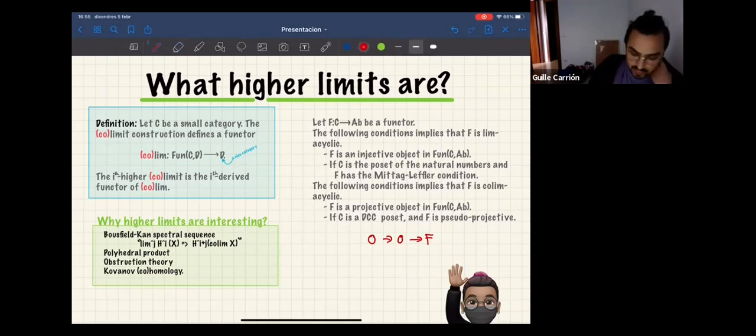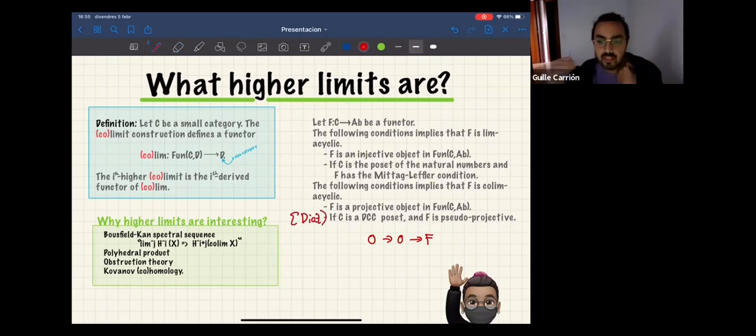Also, Diaz introduced the concept of being pseudo-projective. That is another condition to be colim-acyclic.